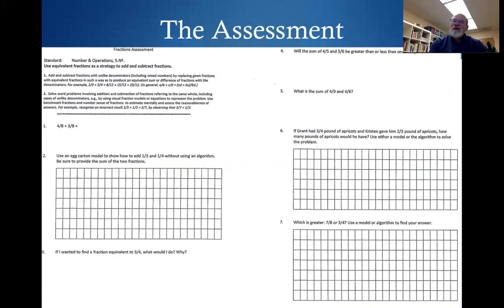The reason why those 5 students only got half credit is this. They said to find an equivalent fraction, I multiplied the numerator and denominator by the same number. So in other words, if I wanted to find an equivalent fraction to 3/4, I'd multiply the numerator by 2, the denominator by 2, that would give me an equivalent fraction.